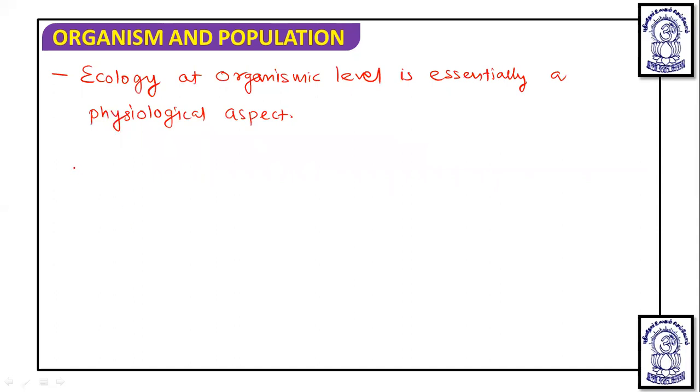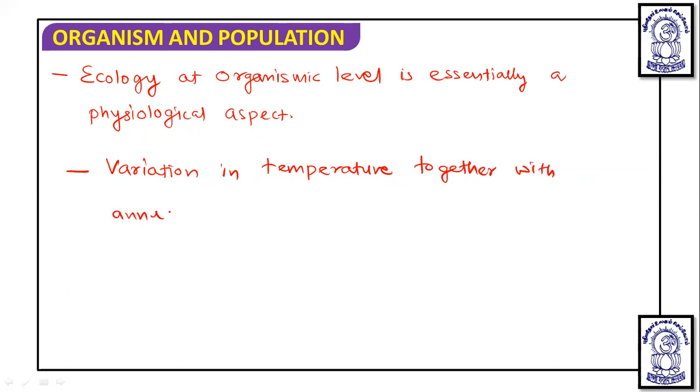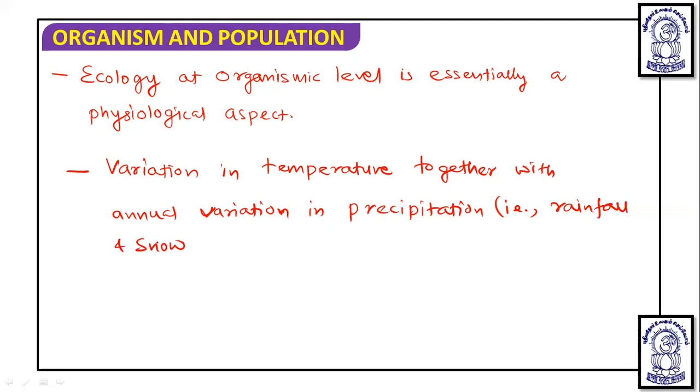So we remember: variation in temperature, together with annual variation in precipitation, that is rainfall and snow, account for formation of major biomes.